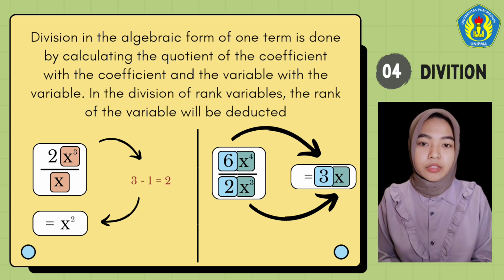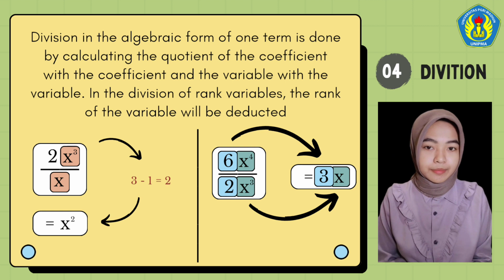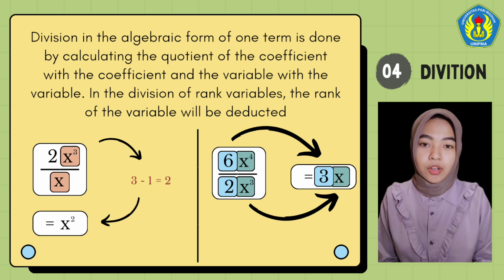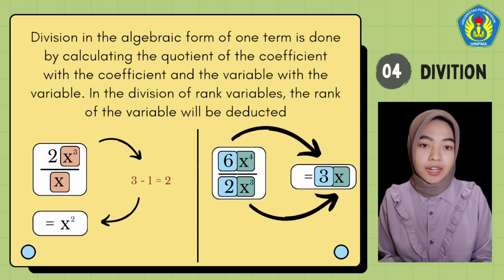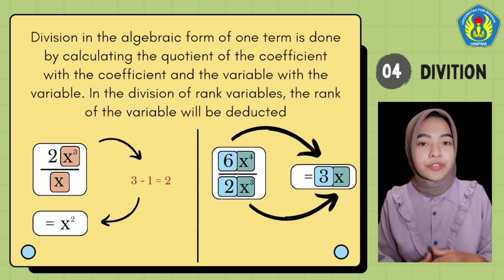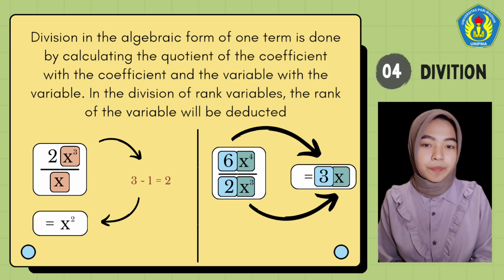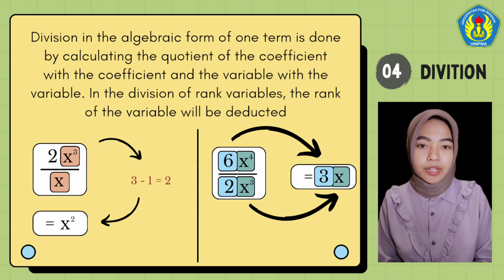If you don't write down the coefficient or power, that means it is 1. Okay, let's get right to it. We divide the coefficients first. 3 divided by 1 equals 3.